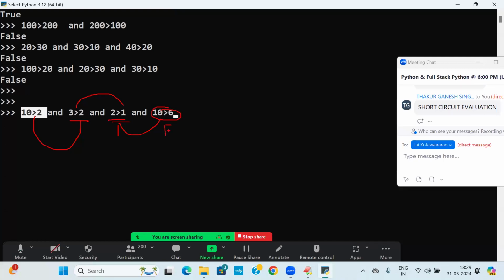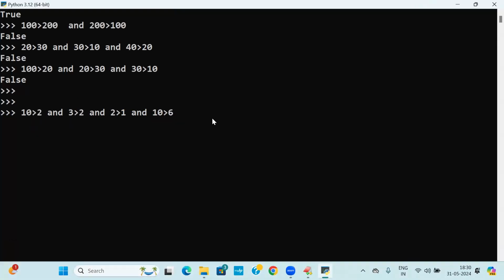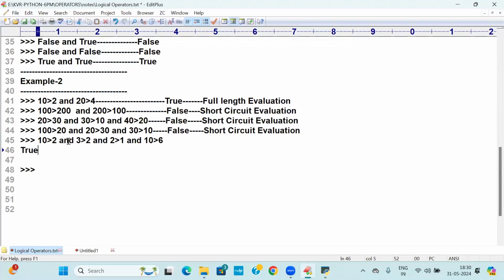The total result is changing. That's why it is going to be true. It is known as full length evaluation. What is the total result now? True. So this comes under what? Full length evaluation.